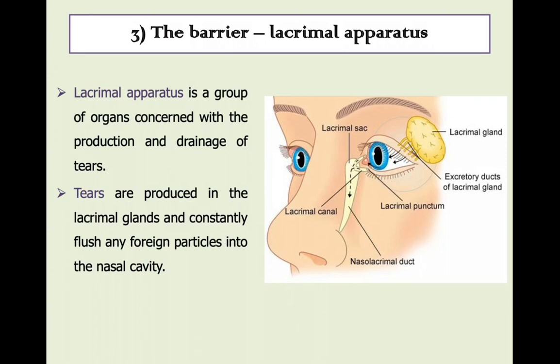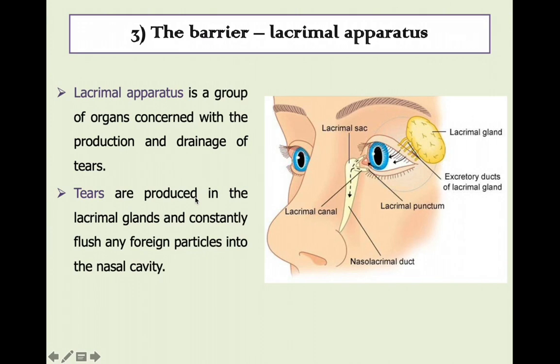Right, basically involved in production of tears. For example, dalam lacrimal apparatus ini, it has lacrimal sacs, the lacrimal glands, excretory ducts of lacrimal gland, lacrimal punctum, nasolacrimal duct, and lacrimal canal. So all of these we call it lacrimal apparatus.